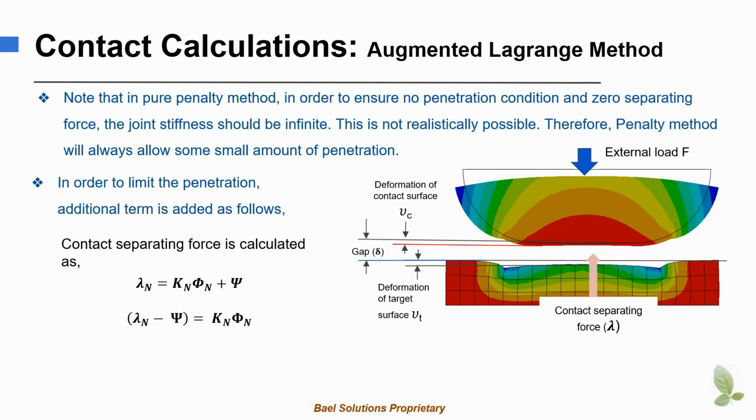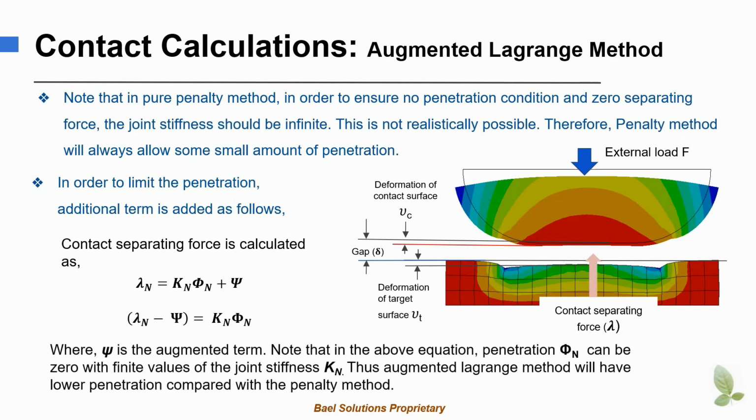Or, in other words, lambda n minus psi equal to Kn times phi n, where Kn is the contact stiffness, phi n is the penalty function, and psi is the augmented parameter. Note that in this case, a zero penetration condition can be achieved with finite values of Kn.